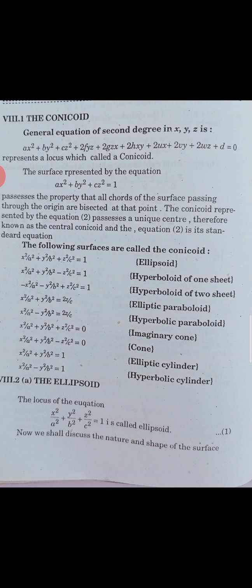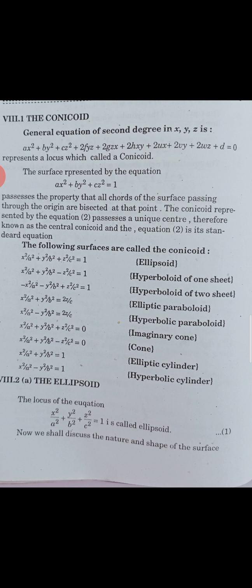is a hyperbolic paraboloid. x²/a² + y²/b² + z²/c² = 0 is an imaginary cone. Next, x²/a² + y²/b² − z²/c² = 0 is a cone. x²/a² + y²/b² = 1 is an elliptic cylinder, and x²/a² − y²/b² = 1 is a hyperbolic cylinder.